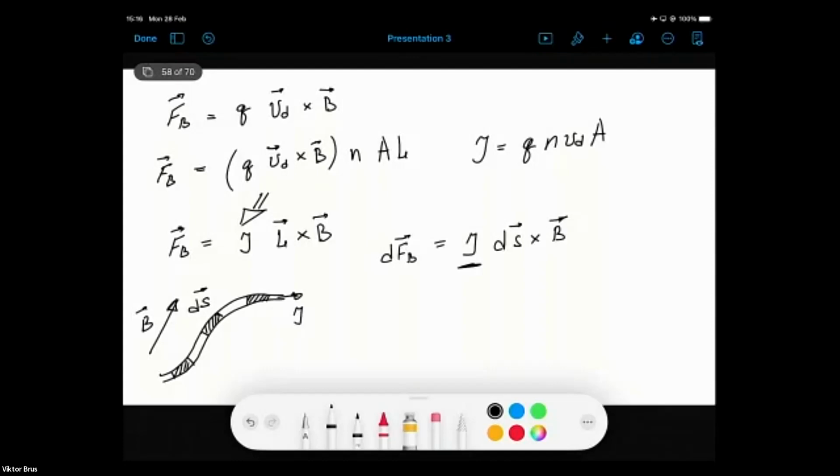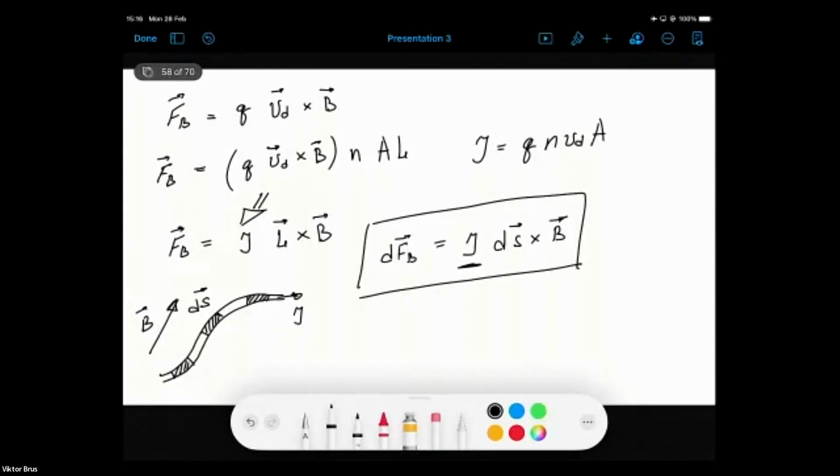If, for instance, we have a different cross section, we will have a different current density, which we discussed previously. However, the total current will be the same at any cross section of the conductor.